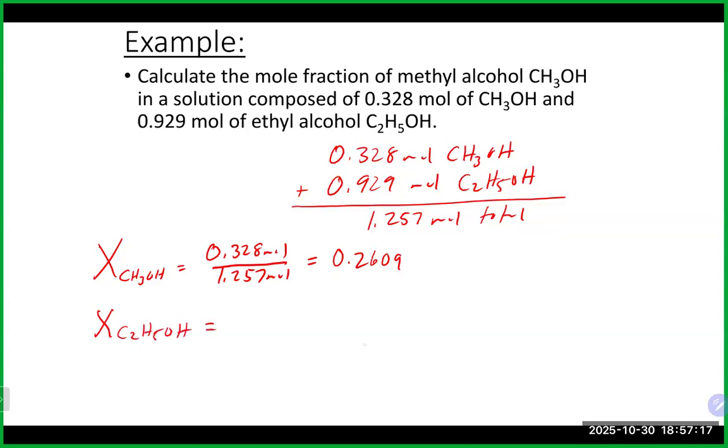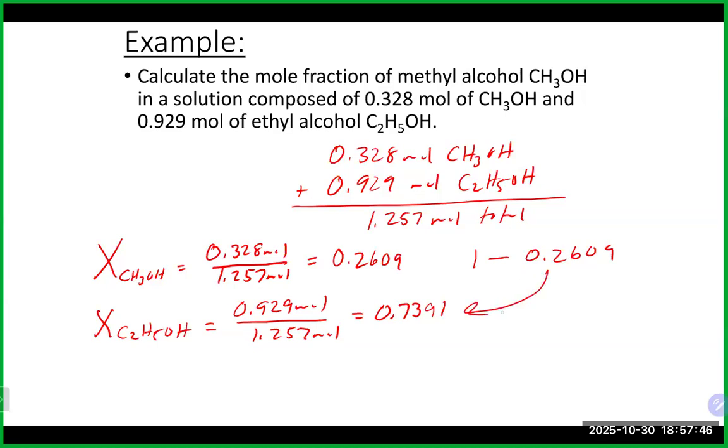We could take the moles of the second component divided by the total moles, and again, if we do that, we will end up with 0.7391. We also could have, because these are the only two components, done 1 minus 0.2609. That's the same thing as doing 100 minus a percentage and ending up there as well.